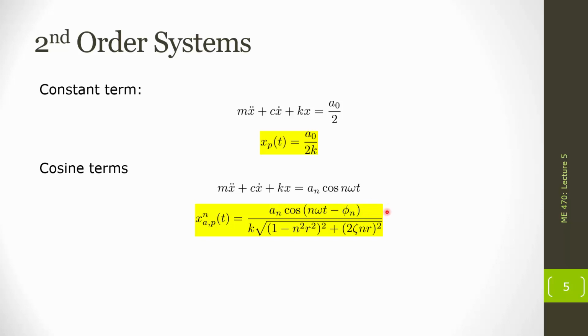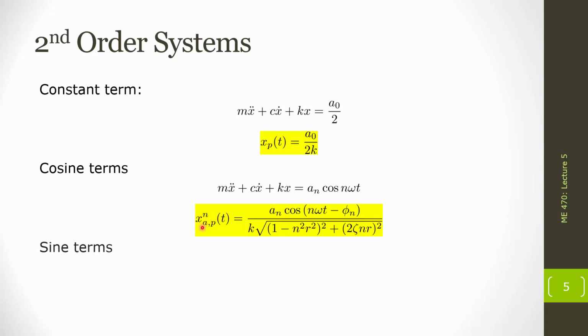On the denominator, we have a combination of different parameters in our system, m, c, and k. We have that n coming back if we're talking about the nth term. We have this r, which we'll look at on the next slide. And the damping ratio is going to come into play as well. Depending on how many terms of cosine and sine functions we use, we'll have that many terms in our particular solution.